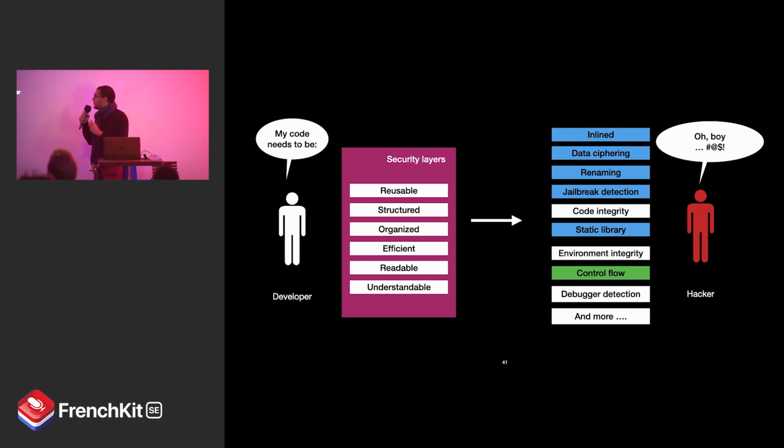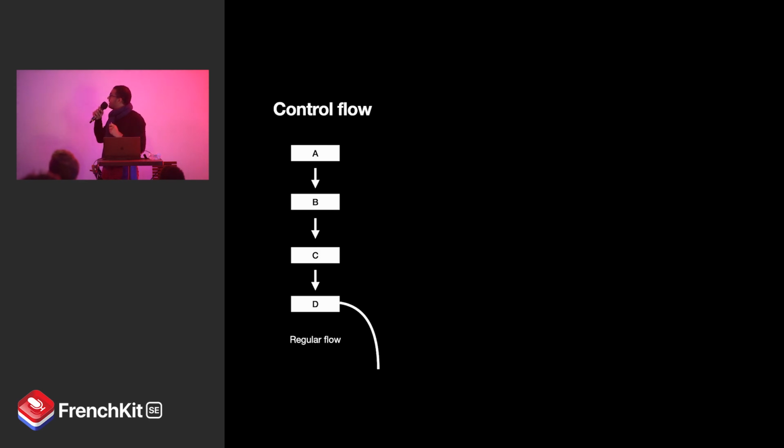And now it's time to go a little bit further with control flow. And don't get me wrong, this part is really complex, and I want to simplify to be understandable for everyone. And what do we mean by control flow?